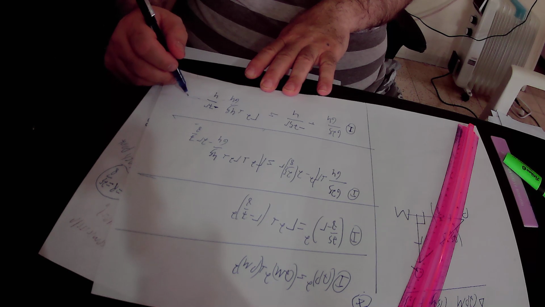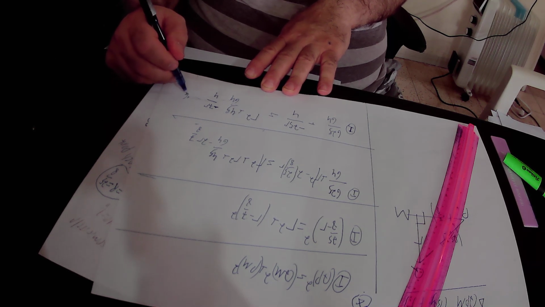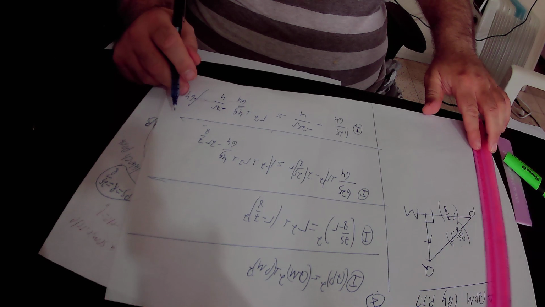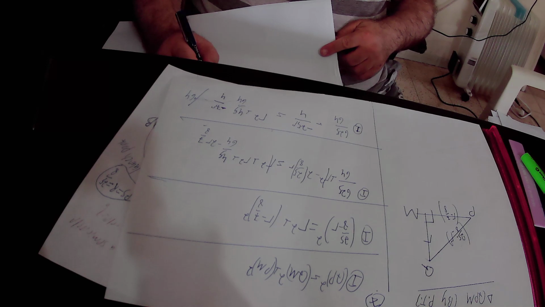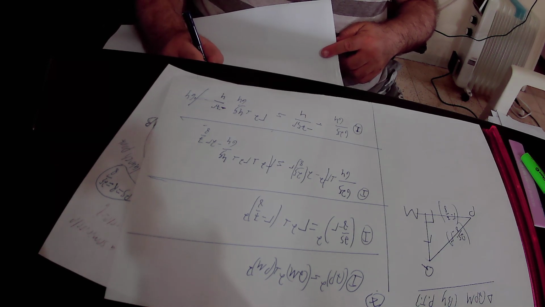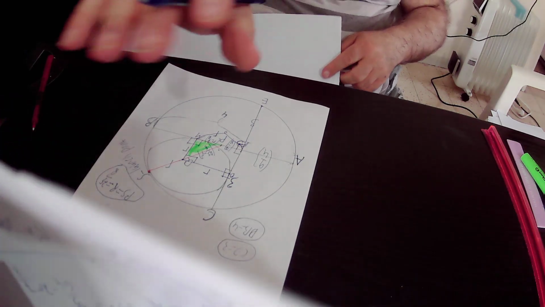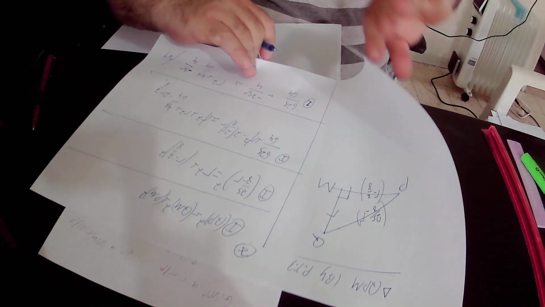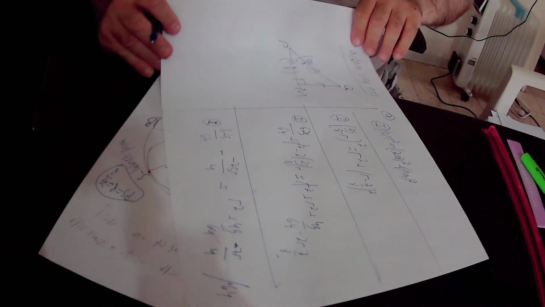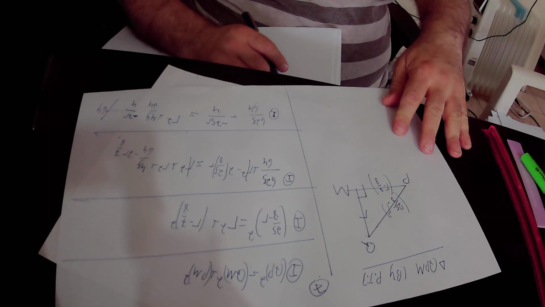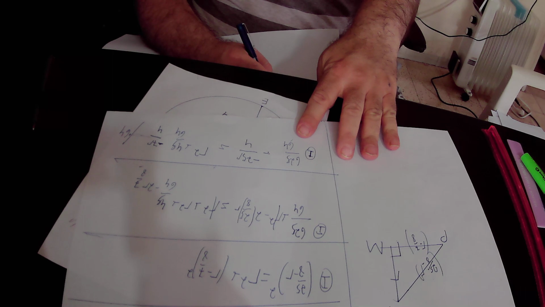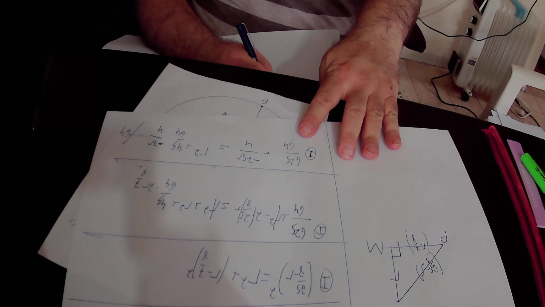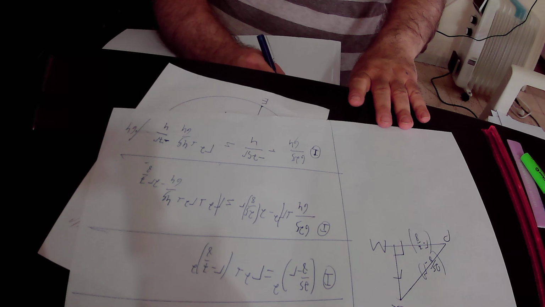So here we will multiply equation number 1 by 64. And we get that according to equation number 1, 625 times 64 over 64 is 625.